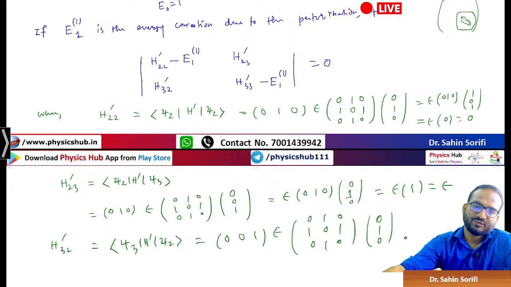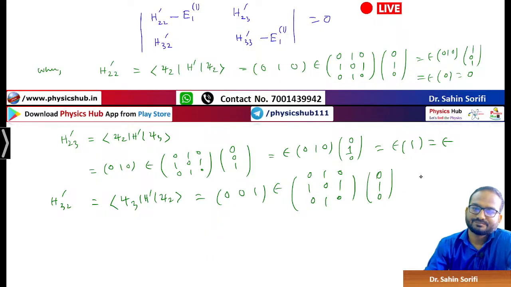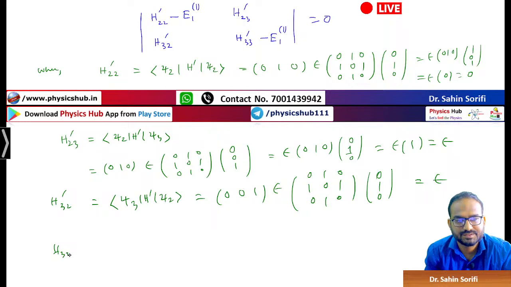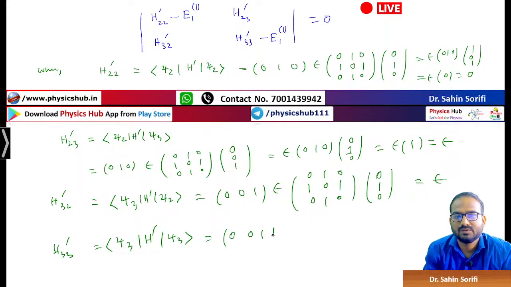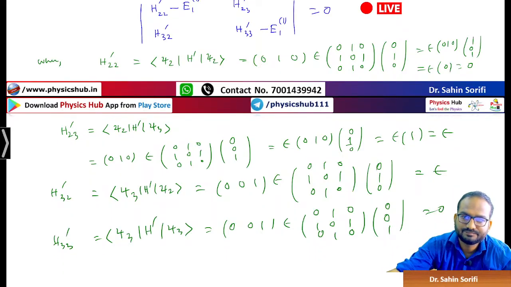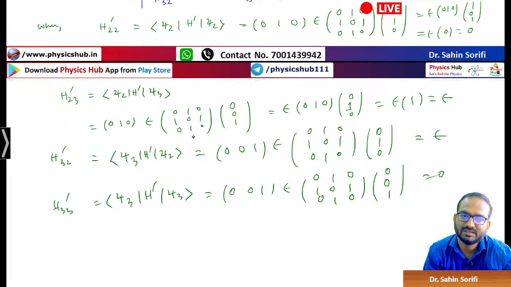Again it will give you epsilon. Next, H33 prime is bra psi 3, H prime, ket psi 3, with psi 3 again 0 0 1. This will give you 0. You can multiply the last two, and whatever product matrix you get, you multiply with the first one.